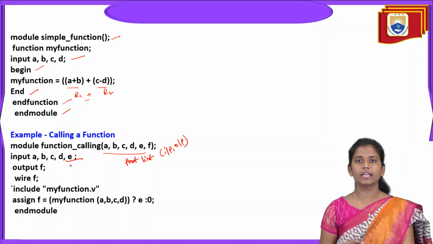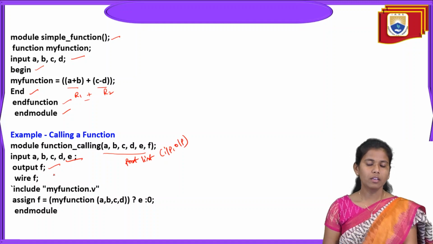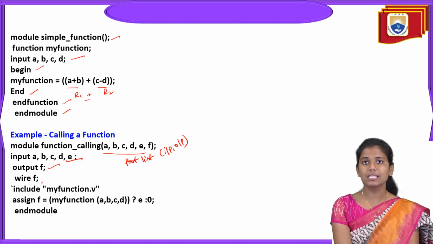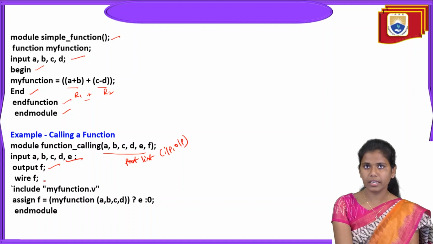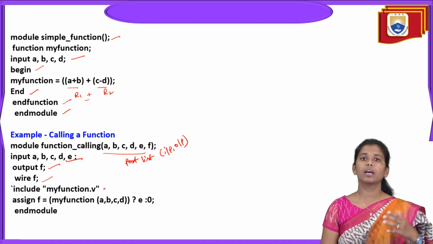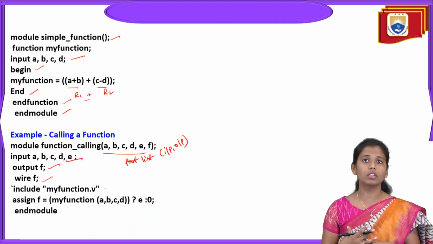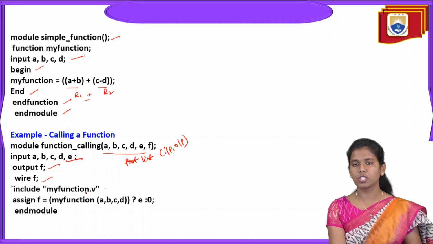My inputs are declared as input A, B, C, D, E, and the output is declared as F. A wire is a physical connection, so I represent it as wire F, and then include my function dot v. So we are just calling the function by using the statement include myfunction.v.